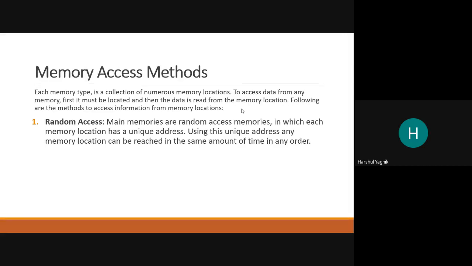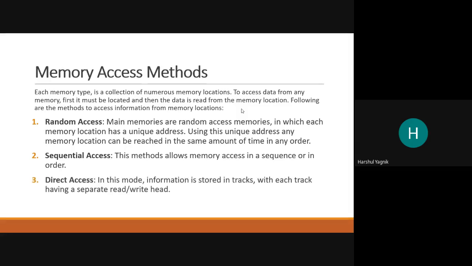So now, even if the address is 0000 or the address is FFFF, it doesn't matter. The amount of access time to any memory location is the same. Then there is sequential access. In this method, the memory access is in sequence or in order.